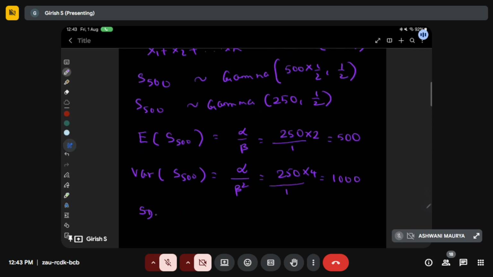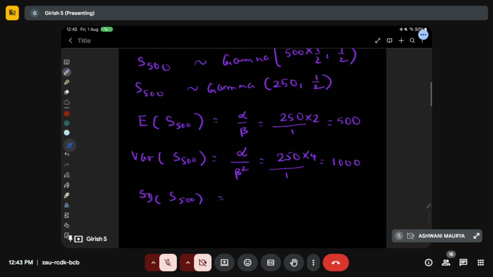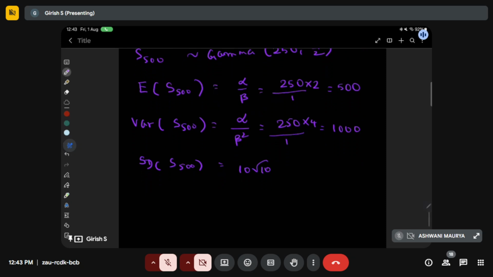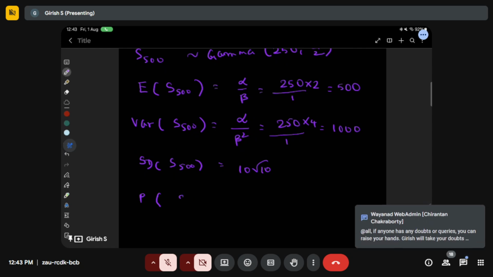So your standard deviation of S500 is 10 root 10.